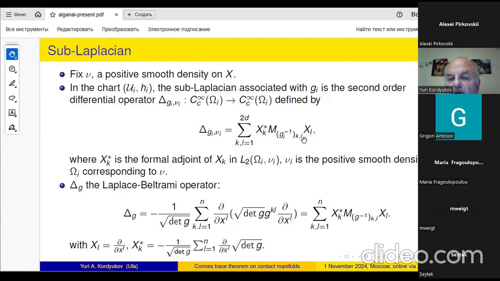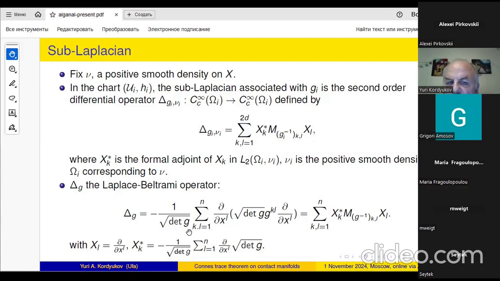Okay, and actually, let me show that in this well-known definition we do the same. Because this definition of the Laplace-Beltrami operator can also be written in this way. Here we see the derivative with respect to x_l, which is just X_l. Then we multiply by these coefficients.